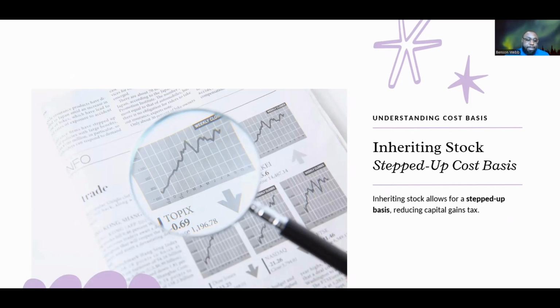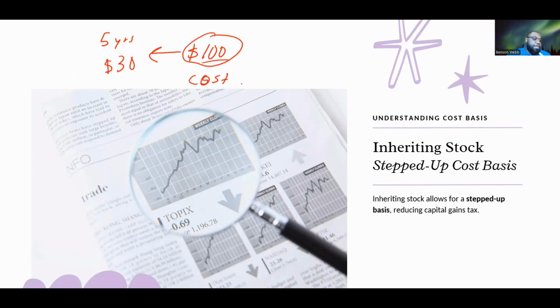Same example: you bought GWC stock 5 years ago when it was worth $30, and now it's worth $100. If you were to pass away today while the stock is worth $100, that's the cost basis for the person who inherited the stock.